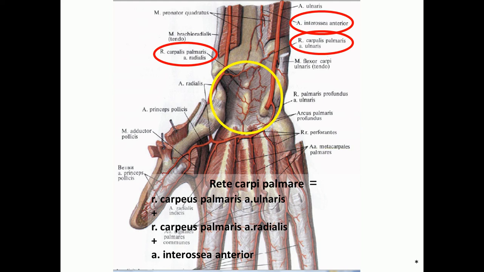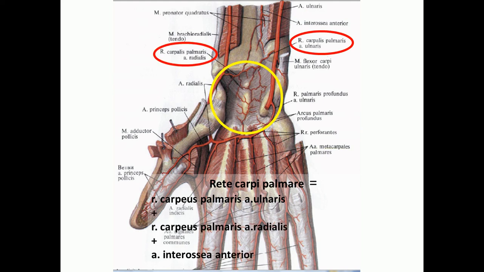So these three vessels communicate and form rete carpi palmare. First of all, it's necessary for blood supply of the wrist joint. Its first function.